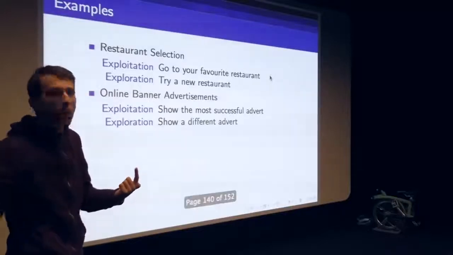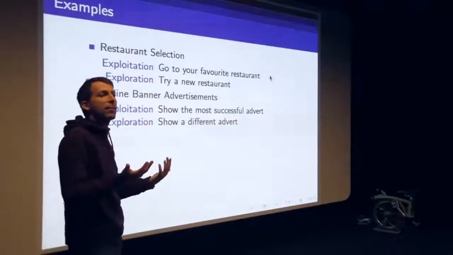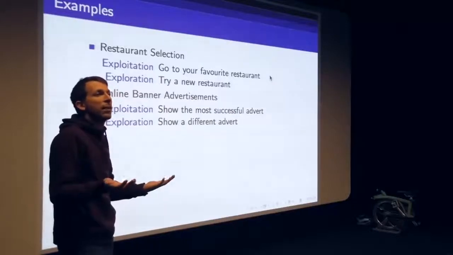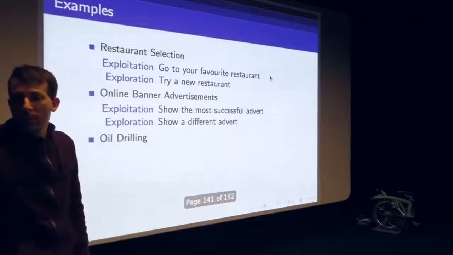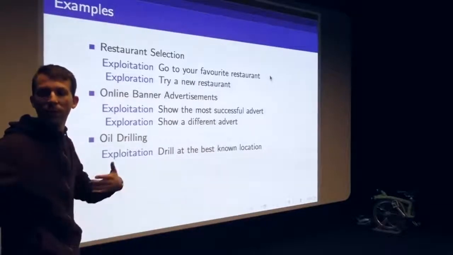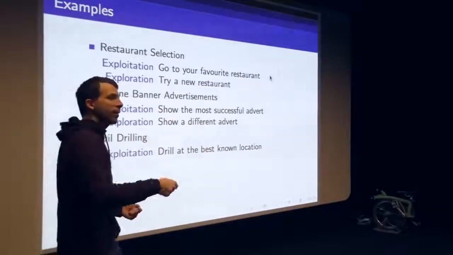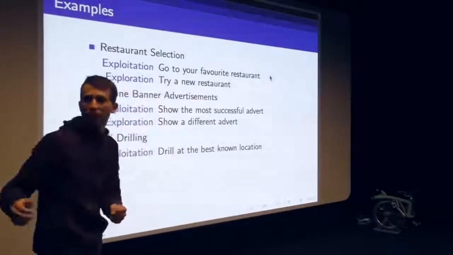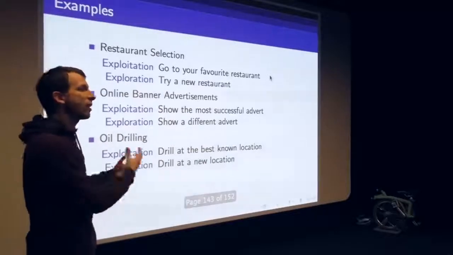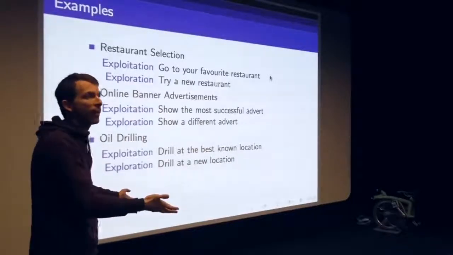But sometimes you also need to explore and show some different adverts that haven't been displayed before to see if people will click on them. And maybe those adverts will turn out to be better and make more income. Or oil drilling: you might want to drill at the best known location, so you know there's likely to be oil over here, so maybe you just keep drilling and drilling. But sometimes it might be a good idea to try some new location, drill down a bit, and see if there's oil there.